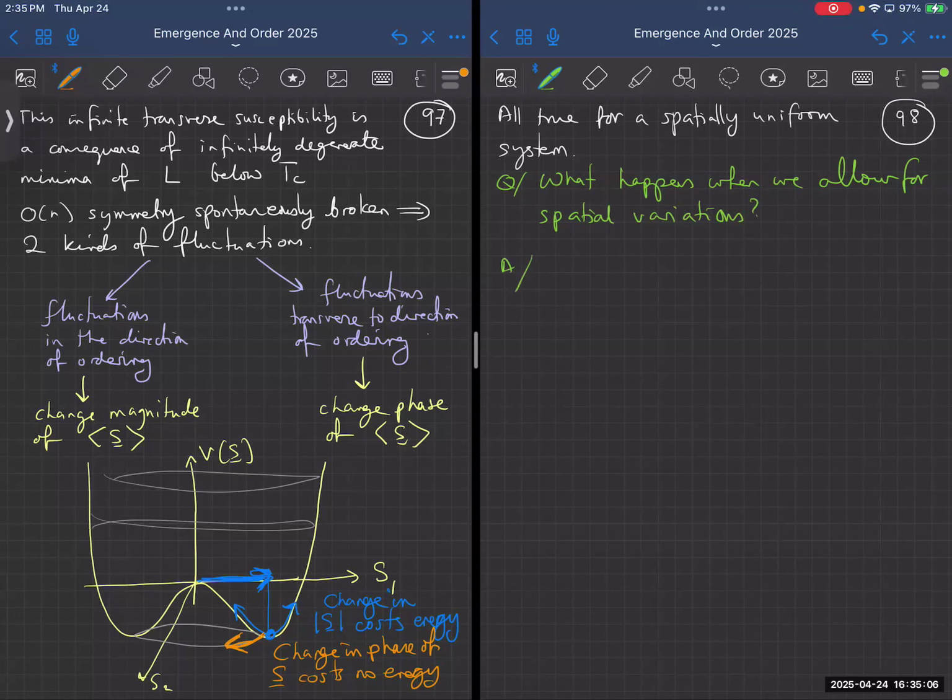We have the potential terms, which is what we've been drawing before, and now we have to include these spatial gradients which come in over here. Okay, so let's skip forward 30 pages and let's continue to calculate them.